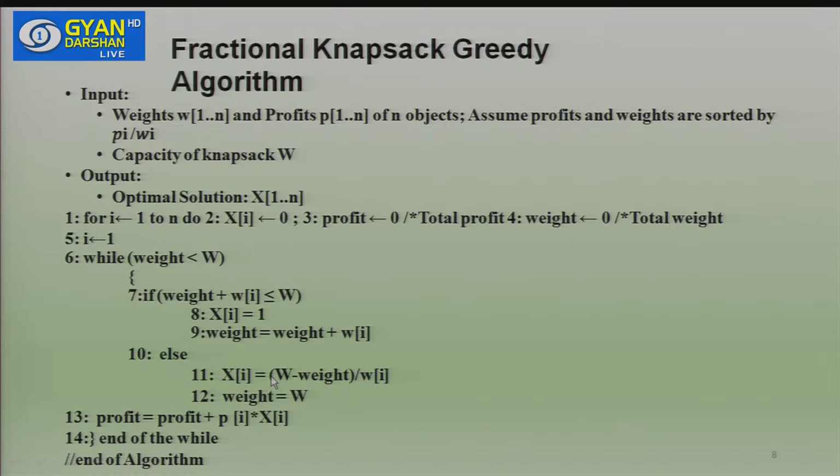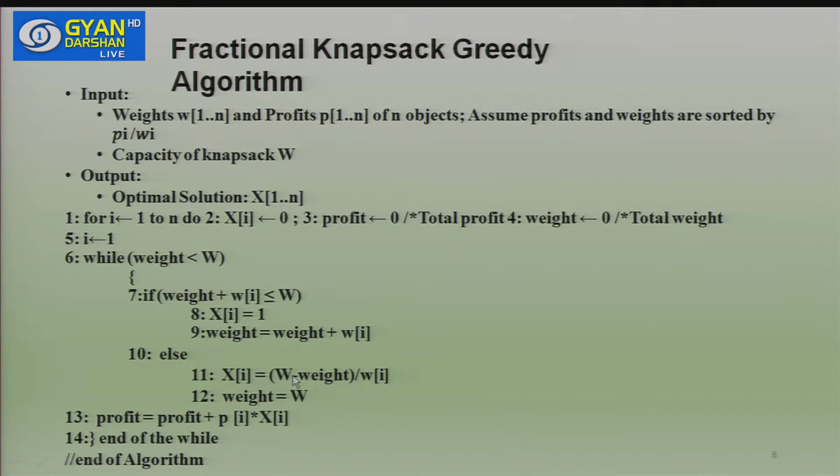Else, obviously this is not less than W, that means the overall weight of the object is more than the size of the knapsack, or the weight which is allowed in the knapsack. If that happens, then these particular lines allow you to pack the object only fractionally into the knapsack.